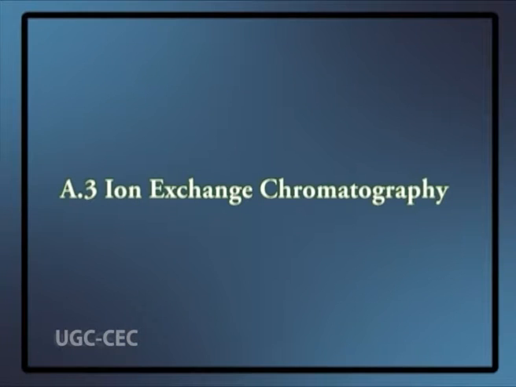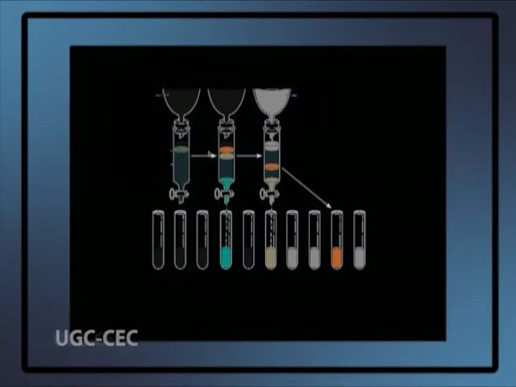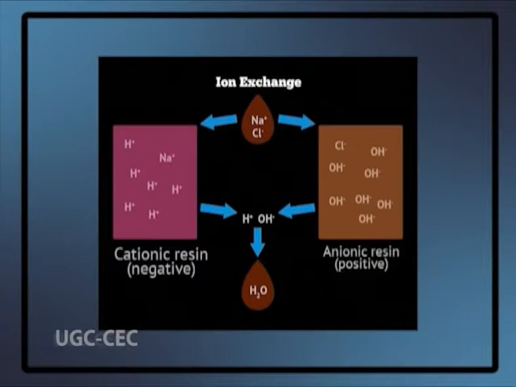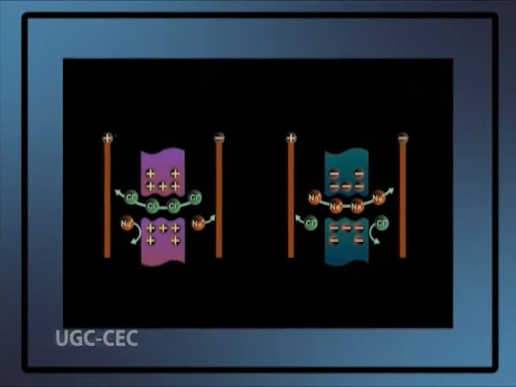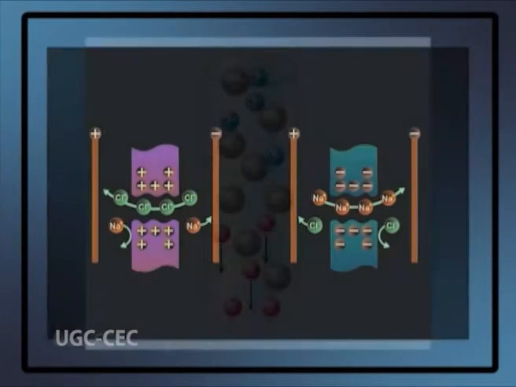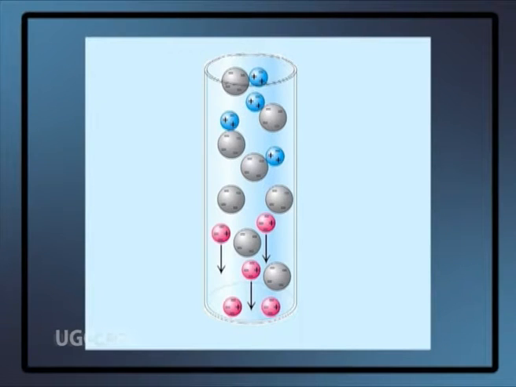Ion exchange chromatography. It is used for separation of charged molecules. The stationary phase is an ion exchange resin to which cationic or anionic groups are covalently bonded. Ions of opposite charge in the mobile phase will be attracted to the resin and compete with the components of the mixture for the charged groups on the resin.